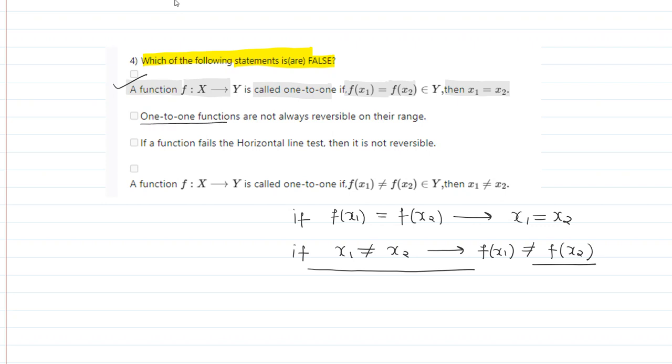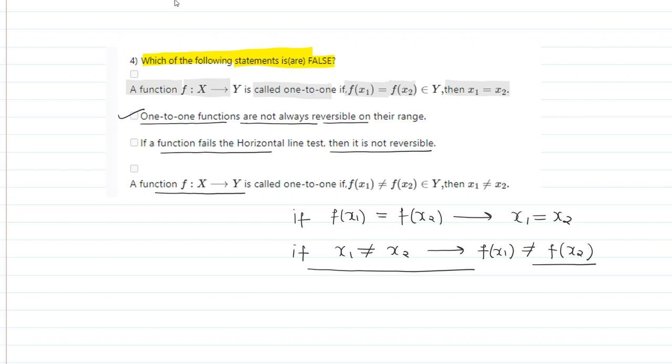One-to-one functions are not always reversible. It is false basically, because one-to-one functions are always reversible. If a function fails the horizontal line test, then it is not reversible. So this statement is true.